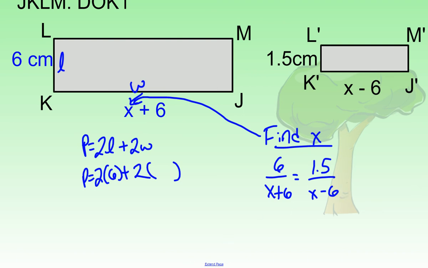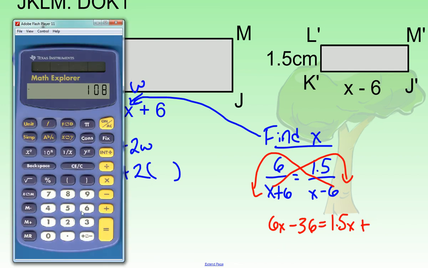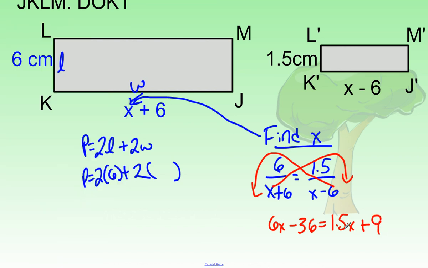We're going to cross multiply here. This side times that side gives me 6x minus 36. And 1.5 times that gives me 1.5x plus, I believe that's going to be 9. 6 times 1.5 equals 9.